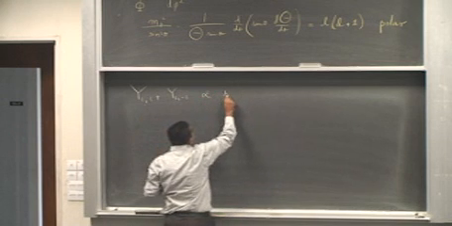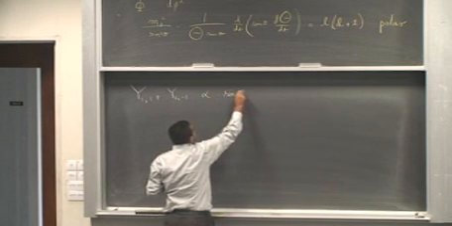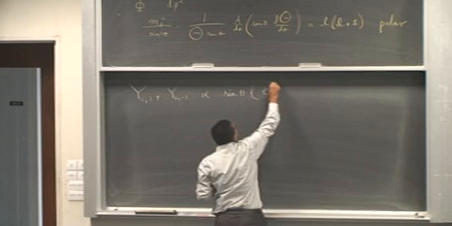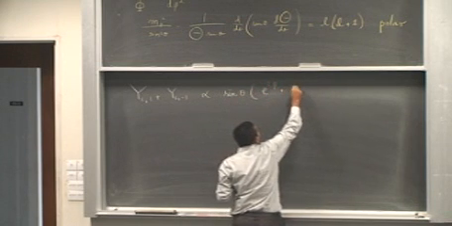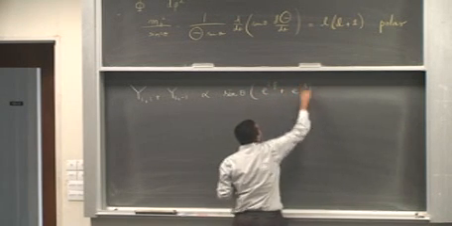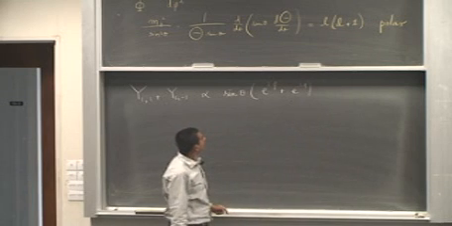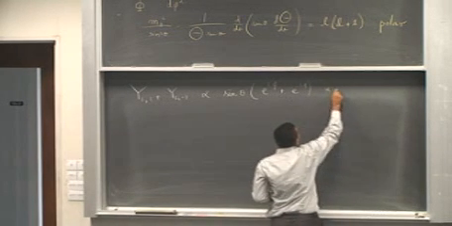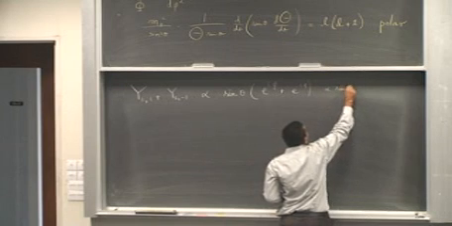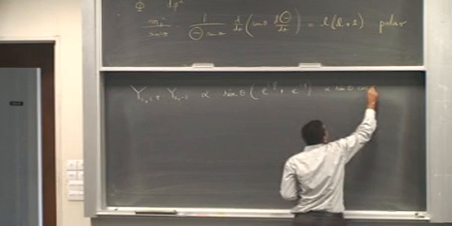sine theta e^(i phi) plus e^(-i phi), and this will be proportional to sine theta cosine phi.